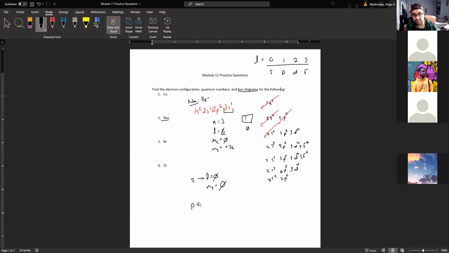Now for p, my l is 1. What are my possible values for ml? It would be -1, 0, and 1. And then d. What is the value for l?